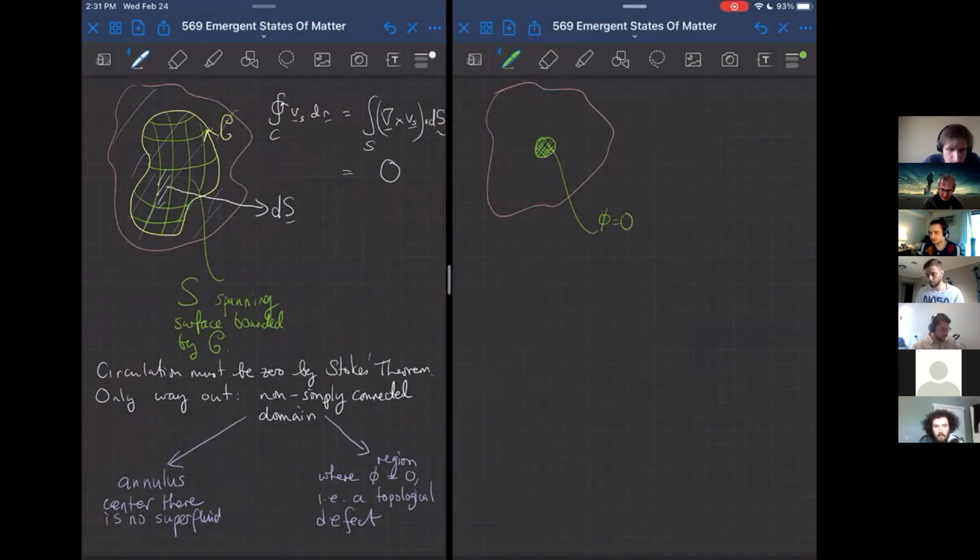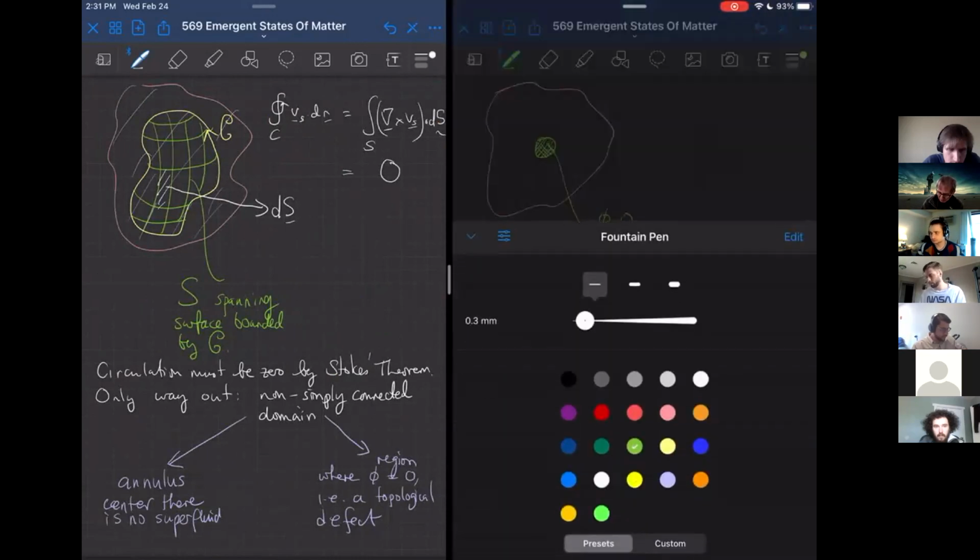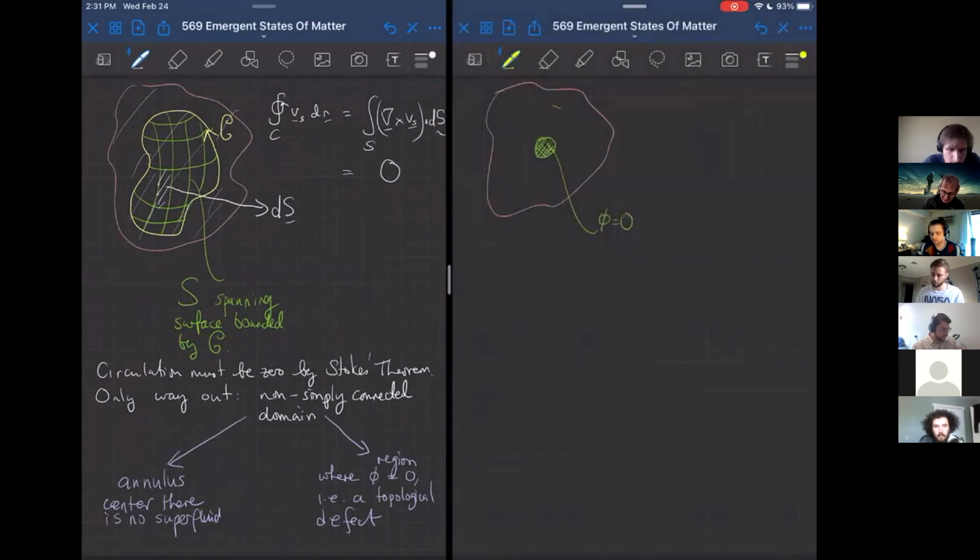And once I have this, it's possible for me to have a non-zero circulation. So that's the idea. And now I want to talk, probably for the rest of the lecture, about these topological defects.